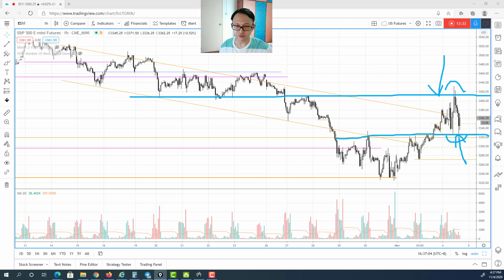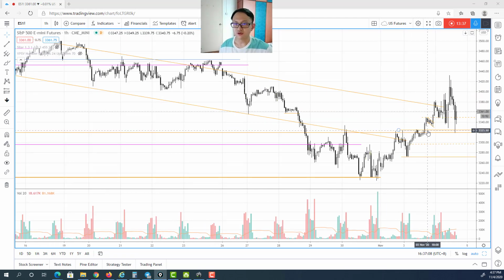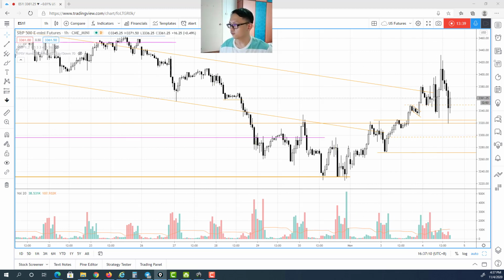So I think it's very interesting to see how this level actually plays out even during this vote counting session for the US election. The real volatility actually picked up somewhere around, let me see, I think it's around 10 a.m., or actually it's about 8 a.m. in the morning.